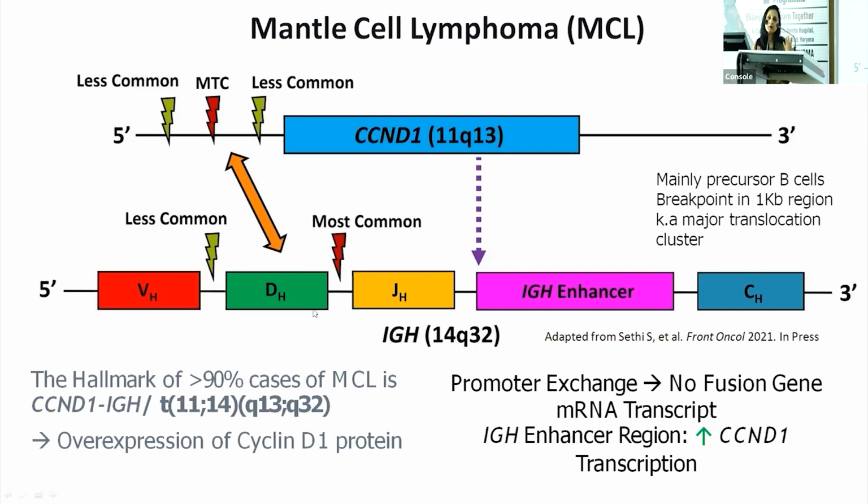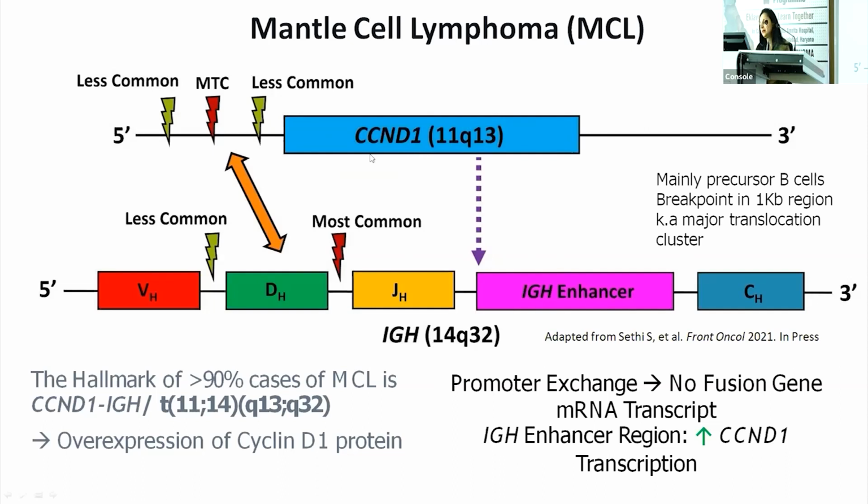But in multiple myeloma, there are multiple places where the translocations can occur. Here, the commonest one again is that the CCND1 gene comes and combines with the IGH enhancers, and as it is an enhancer, it enhances the expression of CCND1. So that's how it works.